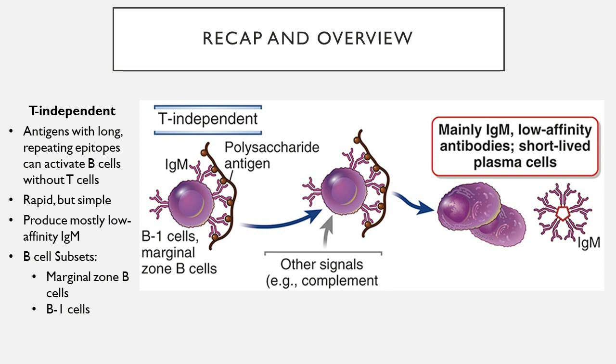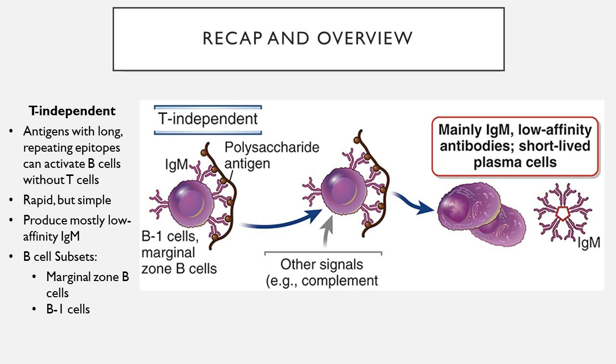For T-dependent, it requires a lot less of the antigen, because the T cells are very good at their job of helping the B cells. So, long repeating epitopes, like a polysaccharide or a polypeptide, can activate a B cell. This is a rapid but relatively simple process, in part because the secreted antibody, which is usually IgM and to a lesser extent IgD, has the same exact affinity as the original membrane-bound antibodies.